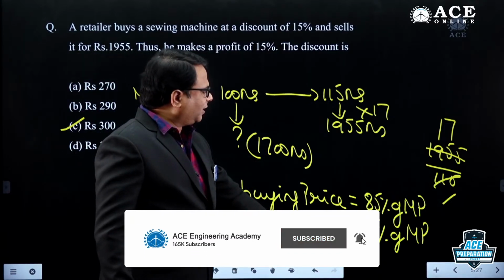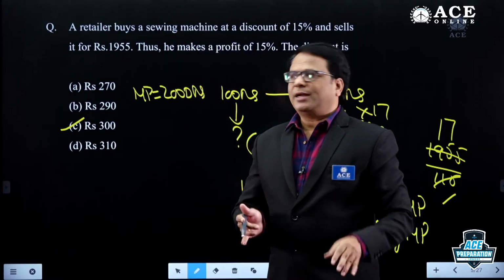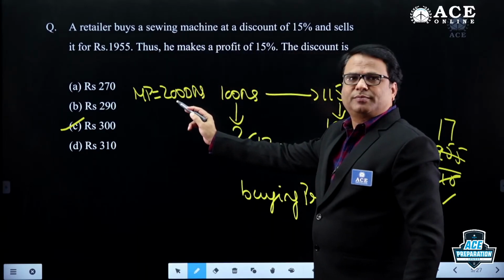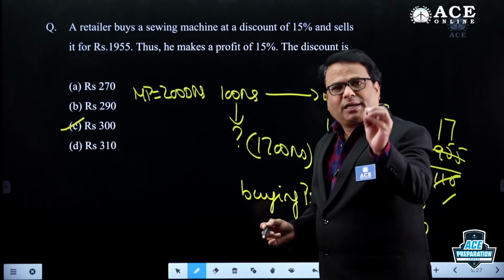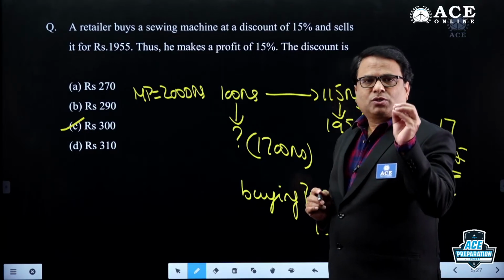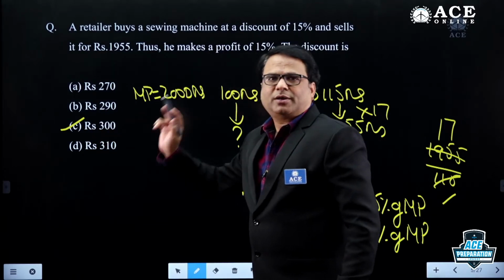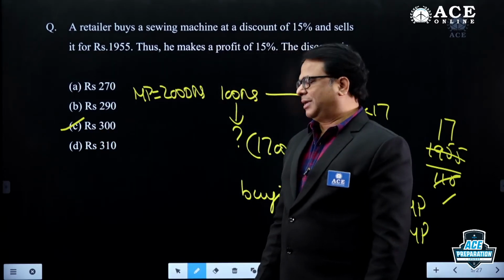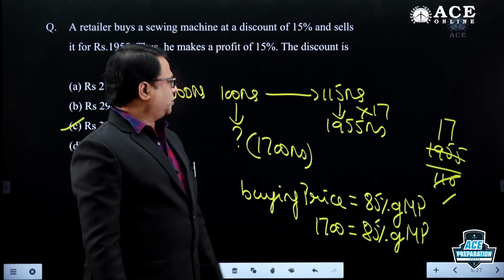So I substitute 1700 on the left side, then you get the market price, which is 2000. So the market price is 2000, but the retailer is buying it for only 1700. That means the discount received by the retailer is how many rupees? 300 rupees. Okay, right. Now, let us go for the next question.